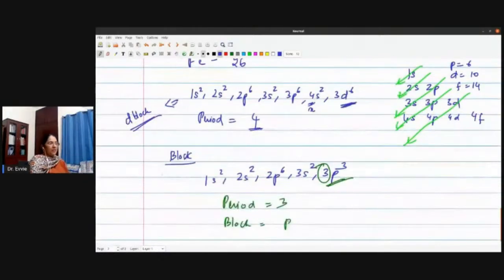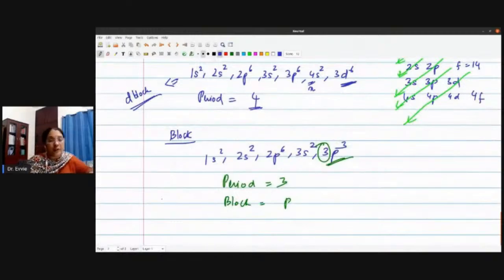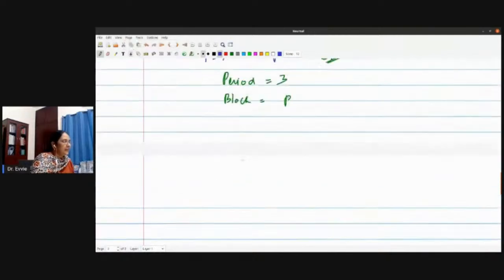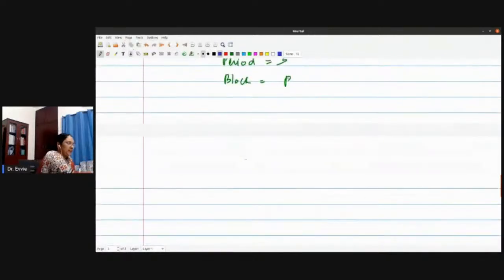Now the next one we are going to study is the group. Here it is a little tedious, so let's see slowly. It's very nice to identify, right? Let us see how to find out the group. Suppose it is S block elements. Let us see one by one.